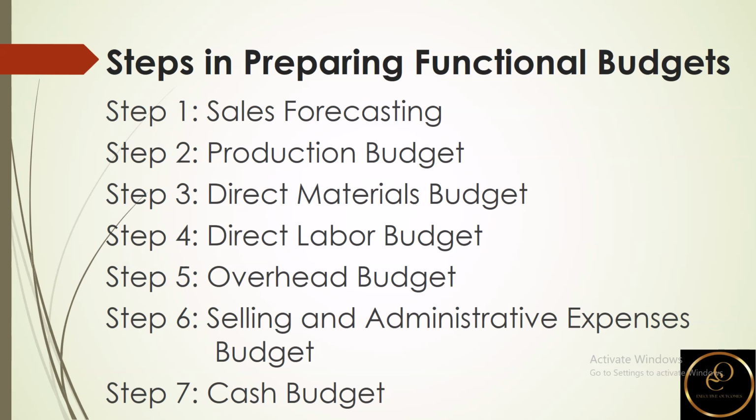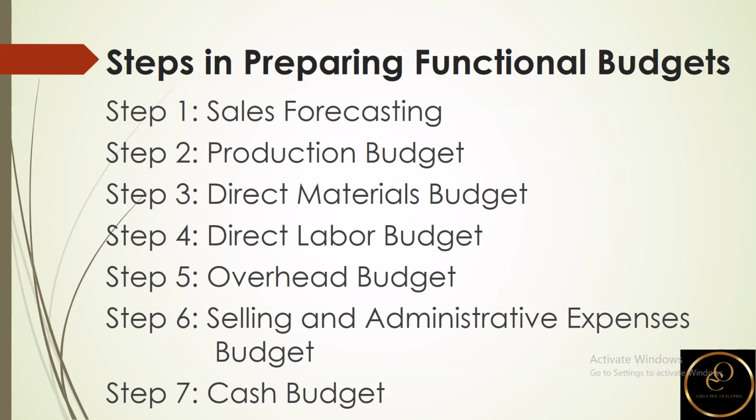Step 5 is to come up with the overhead budget. The overhead budget is a budget of all the costs which cannot be taken to be direct costs. Now, normally the overhead budget requires that you come up with an overhead absorption rate, which you are going to use to absorb the overheads.